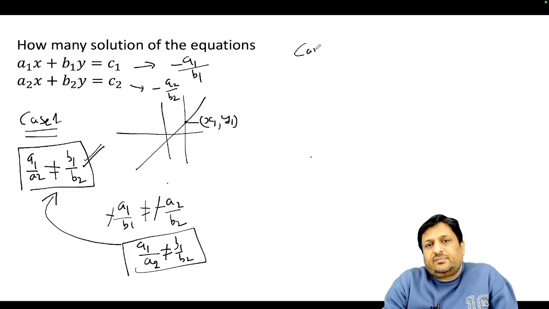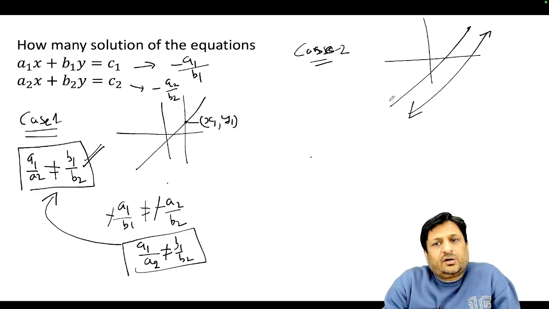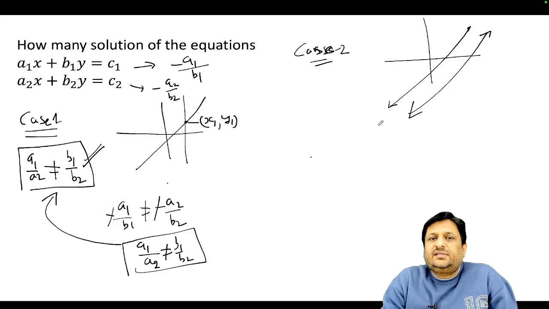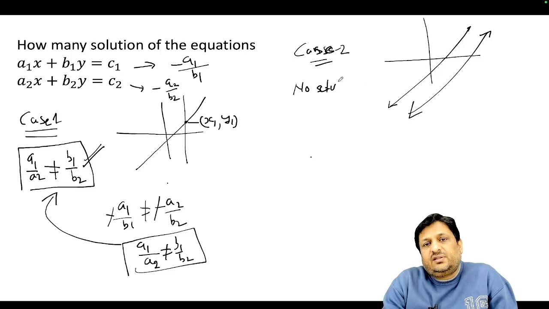Now, the second case can be when these two lines are parallel to each other. When we plot them on the graph, they come out parallel, and this can only happen if their slopes are equal. In this case, the system will have no solution because these two lines will never intersect with each other.